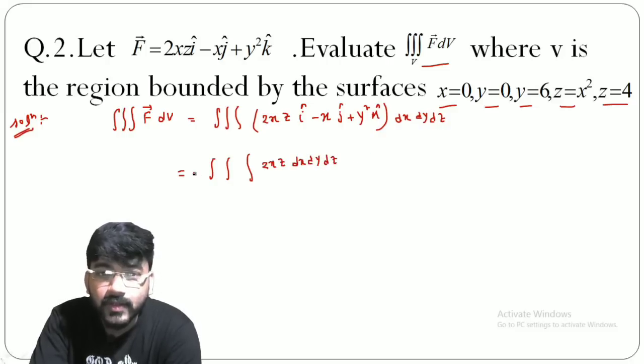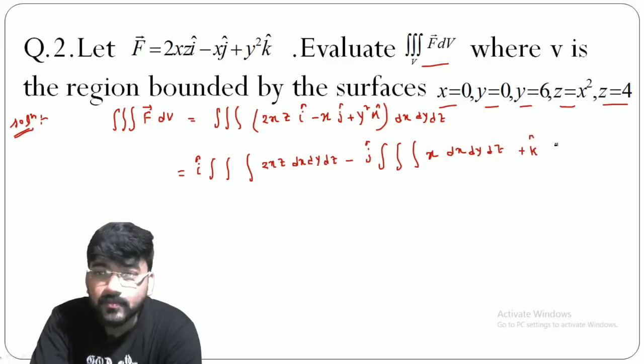Minus j cap into the integration of x dx dy dz, and the final term is plus k cap into the integration of y square dx dy dz.